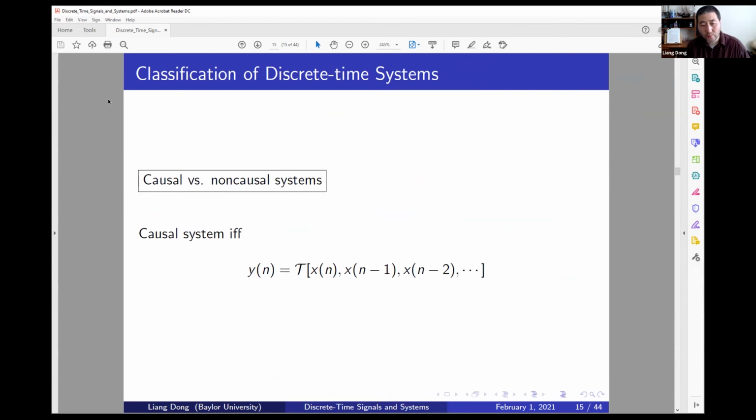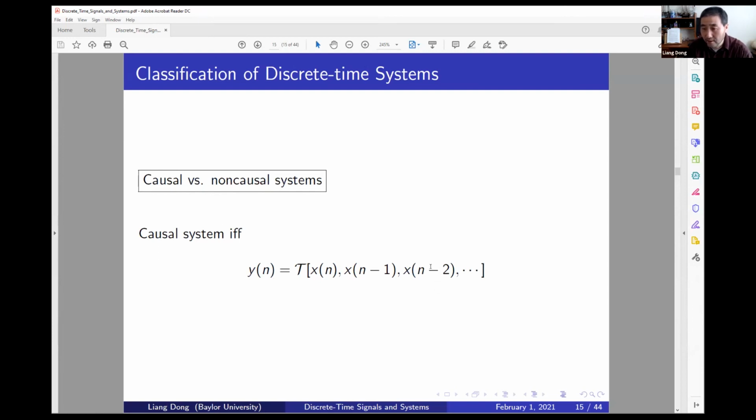What is a causal system? When I showed you the unit step function, I mentioned that sometimes we call a signal causal, and we call a system causal. A causal system is much easier to understand from common sense. A causal system says that the system output only depends on the current input and the previous inputs, which makes sense, right?